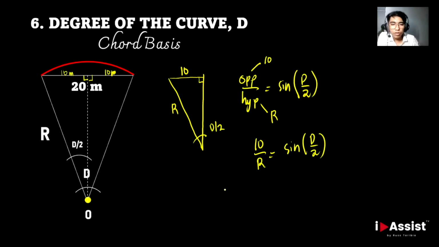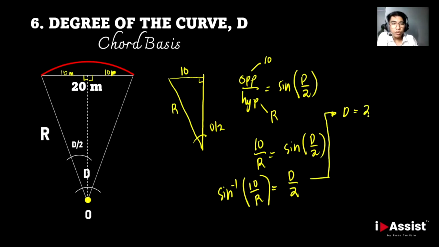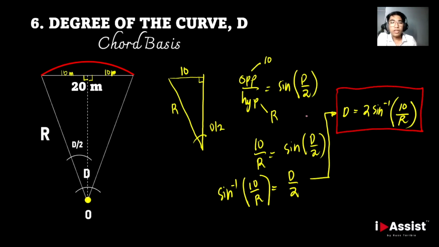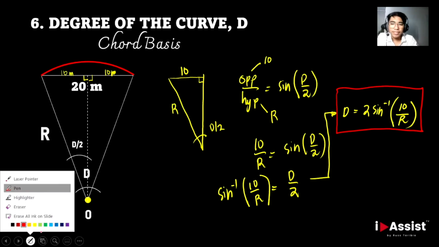Therefore, you have arcsine of 10 over R is equal to D over 2. So, to find D, you need to solve for 2 arcsine of 10 over r. That will be our formula in finding D in terms of the radius r.